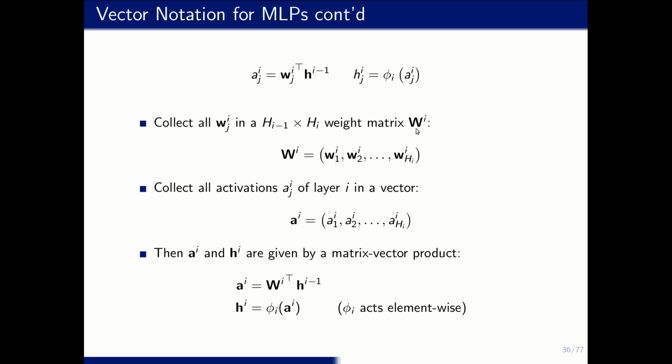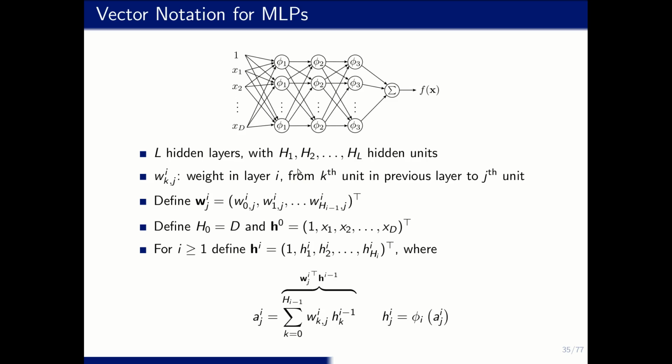And we pack them into a weight matrix W superscript i. So this is the weight matrix for the ith layer. So by just packing these vectors here as the columns of this matrix, we get now a weight matrix W_i. So essentially if i, for example, is 2, then this W would just describe all these weights which sit on all these edges here.